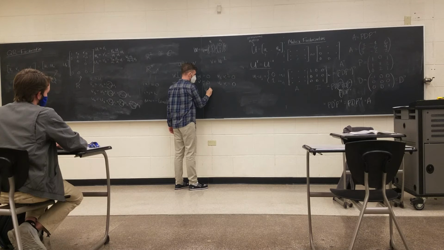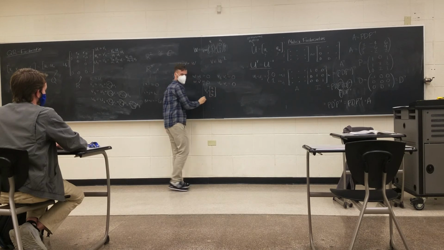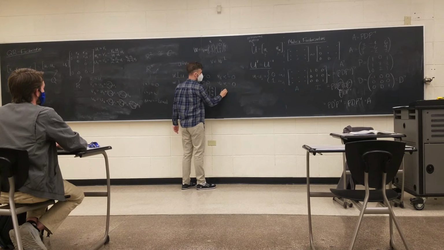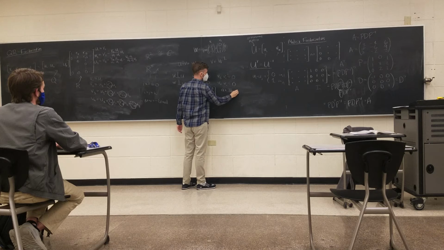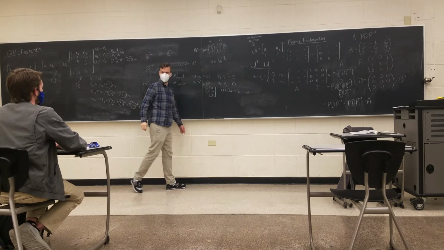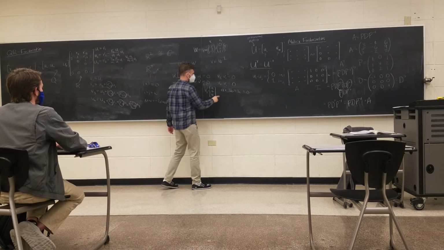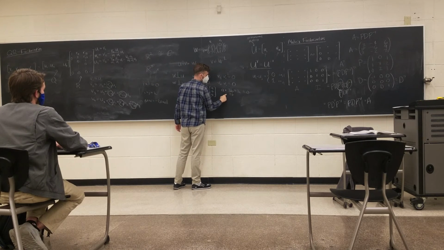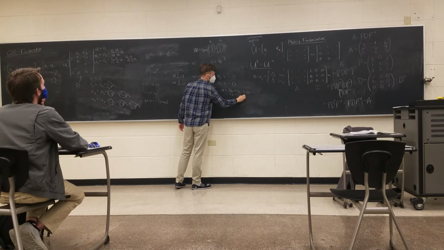I'm just going to call it (A, B, C). I take the dot product with this, I get A plus 3B minus 3C equals 0. That's what I want. And for this one, I want 0 plus 2B plus 2C equals 0.